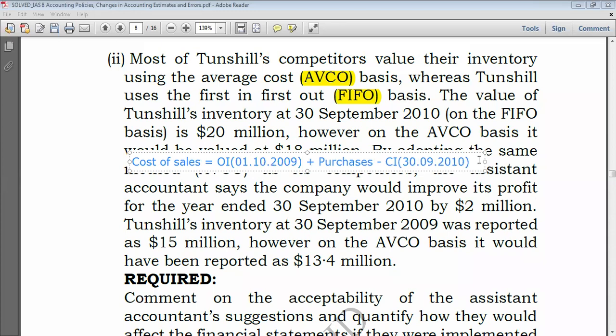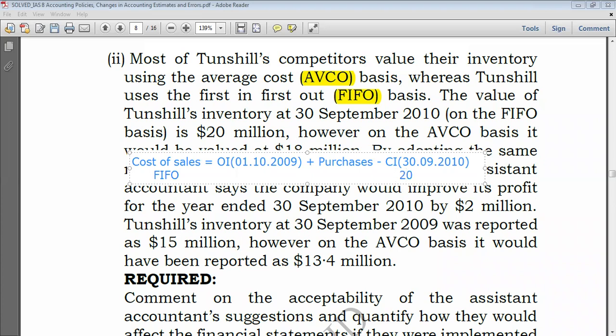Now you have to ask yourself, currently the company is using FIFO. All right? The company is using FIFO, and we are told that the value of Tanshil's inventory at 30 September 2010 under FIFO is 20 million. That means this is the closing inventory. So the closing inventory right now is 20 million.